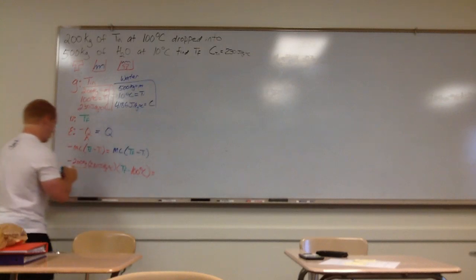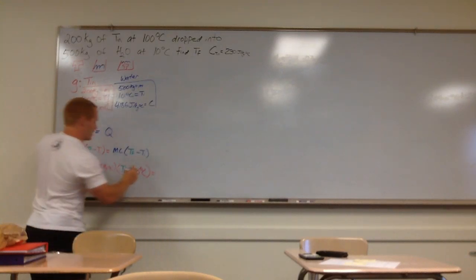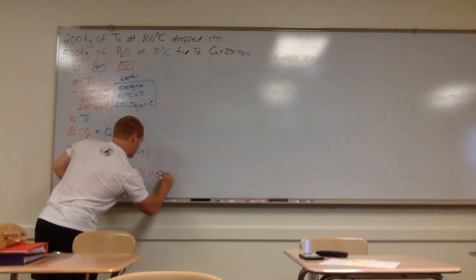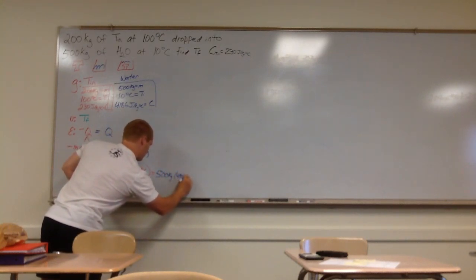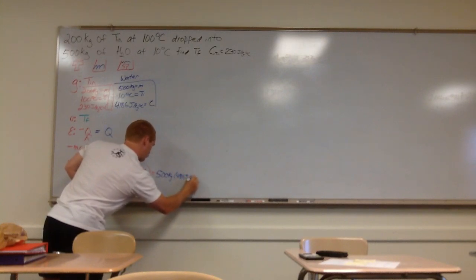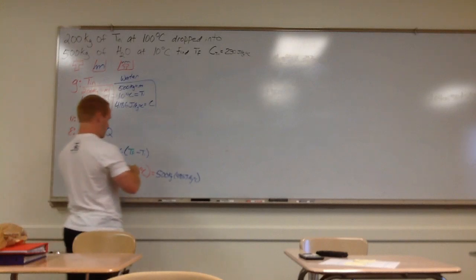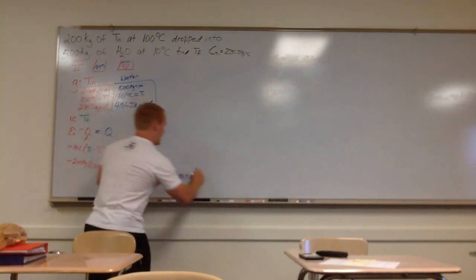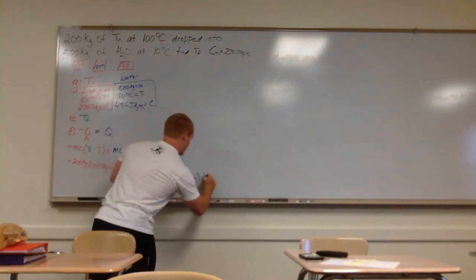This is going to equal, now we're going to use blue values, so water, 500 kilograms. And then we're going to do TF minus TI, which we know the value of TI is 10.